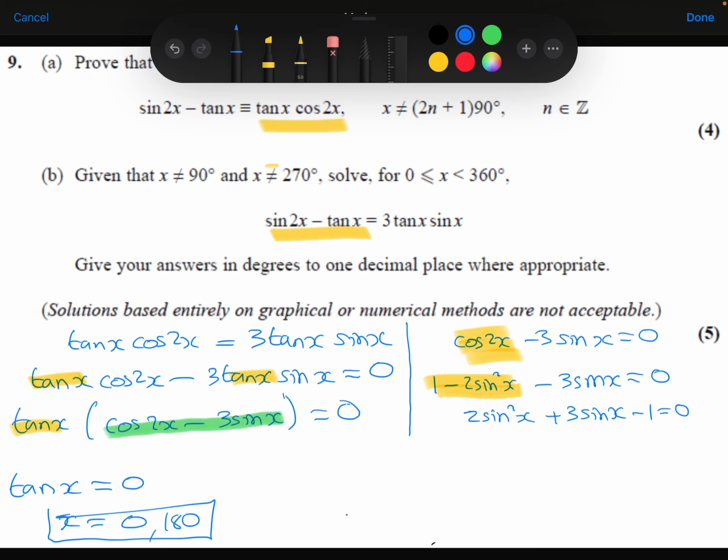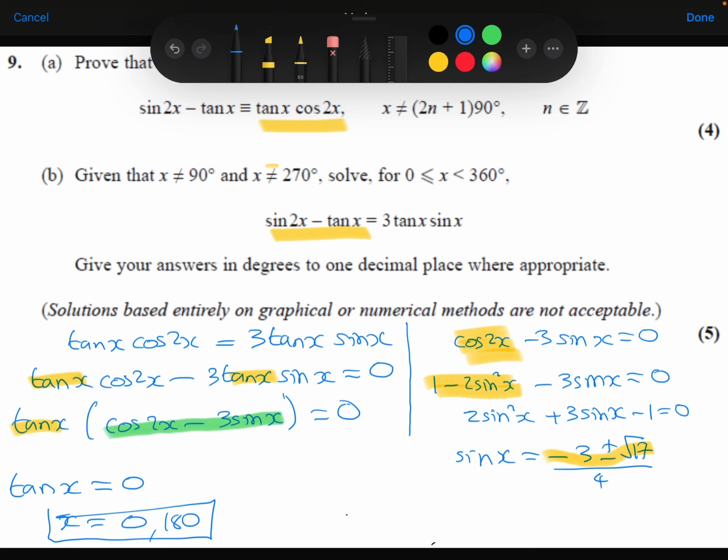And solving that quadratic, I find that sin x equals either minus 3 plus or minus root 17 over 4. If I tried to do minus 3 minus root 17 over 4, that's not going to give me an answer because that's bigger than 1.